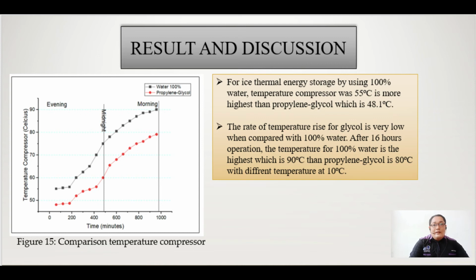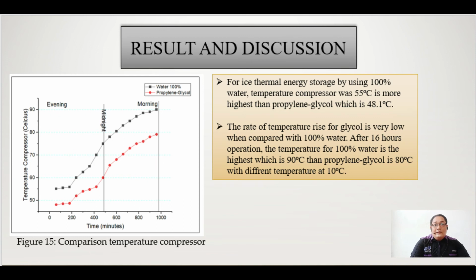Okay. So this is the graph comparison of temperature for the compressor, also starting from 5 p.m. until 10 a.m. For the ice thermal storage using 100% water, the compressor temperature was 55 Celsius, which is higher than propylene glycol at 48.1 Celsius. The rate of temperature rise for glycol is very low compared with 100% water.